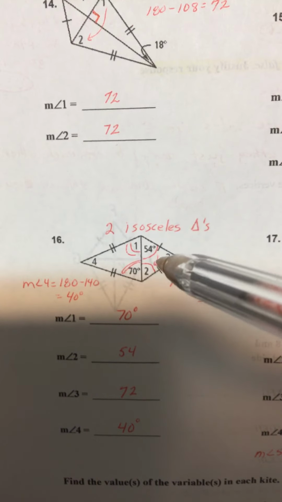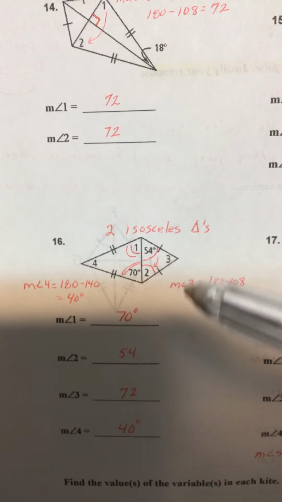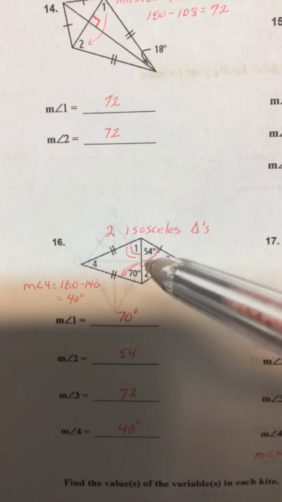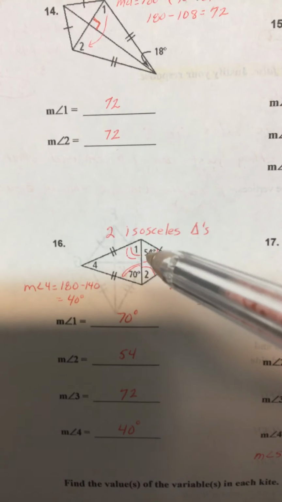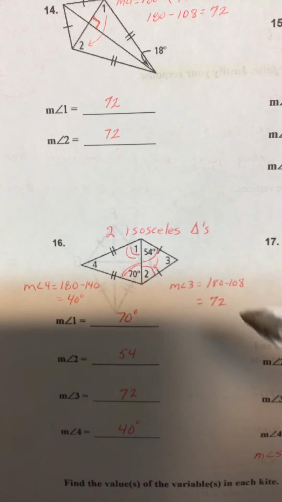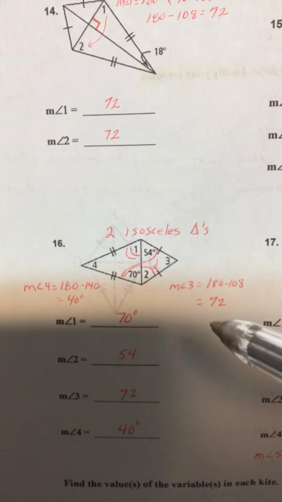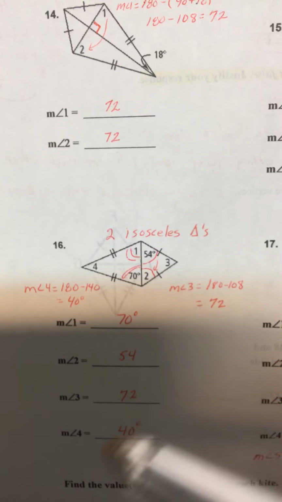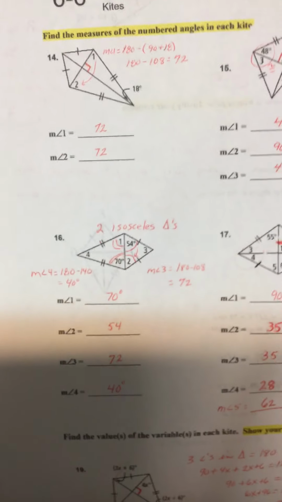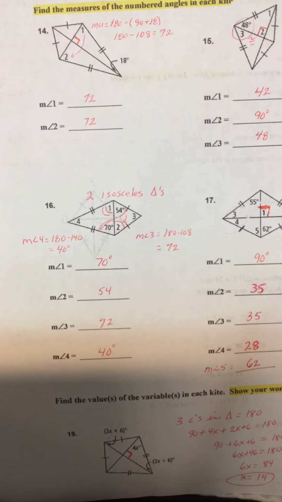Over here on this side, I have isosceles triangles also, but I have different base measurements. Angle 2 is the base angle, so it measures 54. I will add up my two base angles and get 108. If I subtract that from 180, I get my vertex angle at 3 has to be 72 degrees.